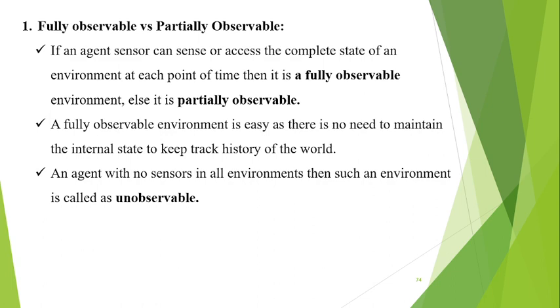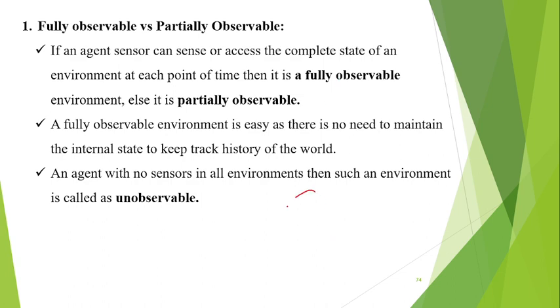Now the first one is fully observable and partially observable. If an agent's sensor, which we have seen as percepts, is able to access the complete information of the surroundings, we call it fully observable. If the agent cannot access the full environment, we call it partial.